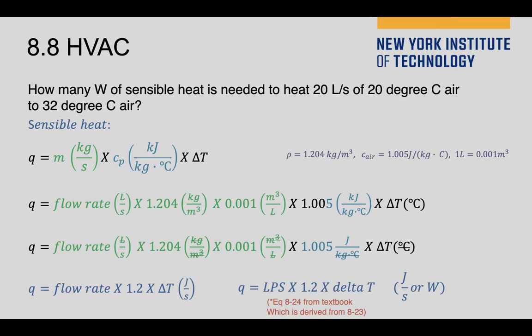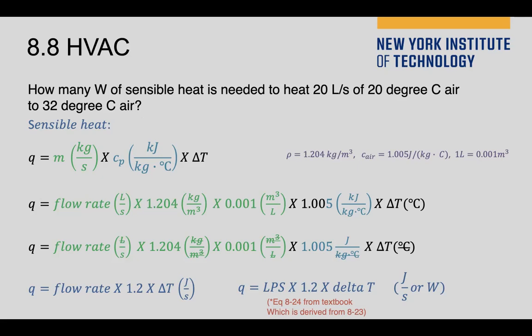Sensible heat is the energy or the power, here the power, which comes from the temperature difference of the same substance. Here, the medium is air. The temperature difference will have the energy drop or energy raise. So here we can obtain the power raise.